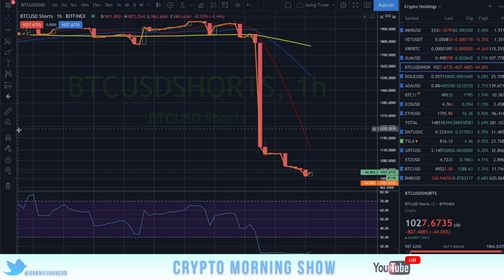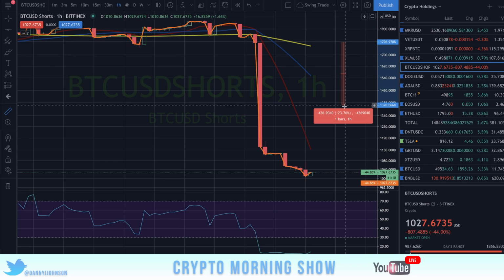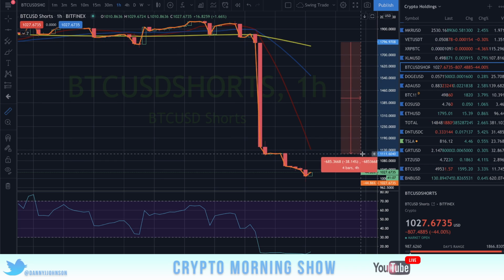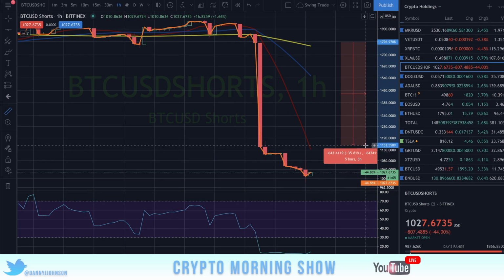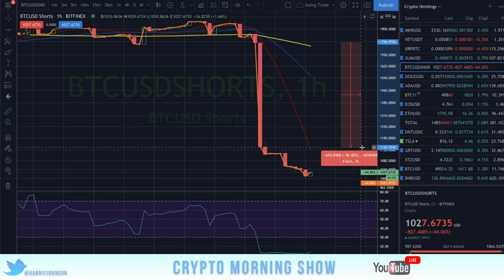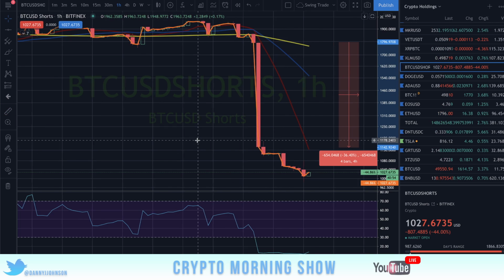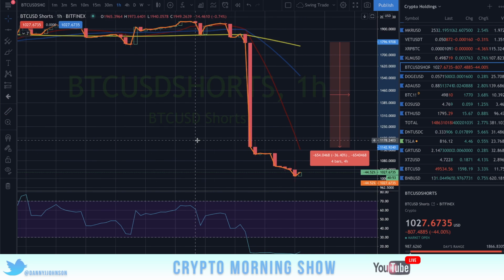And what is that range there? That would have been a 36.5% drop to the downside if they didn't get out there. So you would have been in some serious pain if you were 10x leveraged on the short side of BTC.